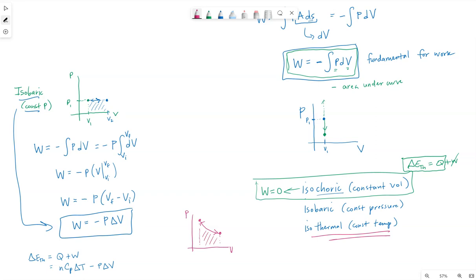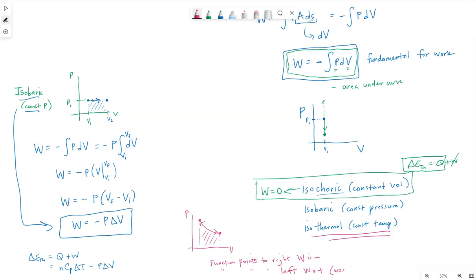And by the way, if the function points to the right, work is negative because we're increasing the volume. If the function points to the left, work is positive, meaning work is done on the gas.